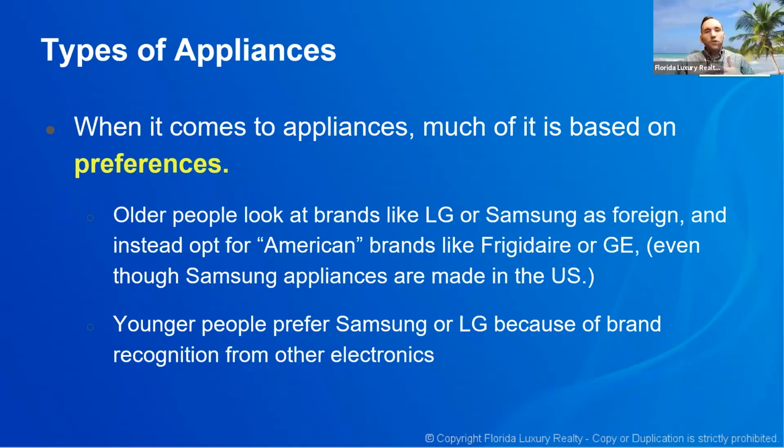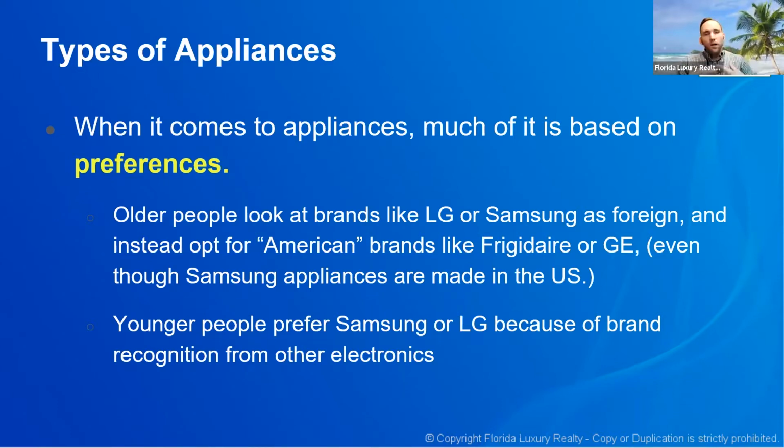But what's interesting is Samsung actually opened an entire manufacturing distribution warehouse in the United States for manufacturing those appliances. So Samsung is actually one of the more American brands than some of the alternatives, GE specifically. But it's all about perception. It's all about that preference.